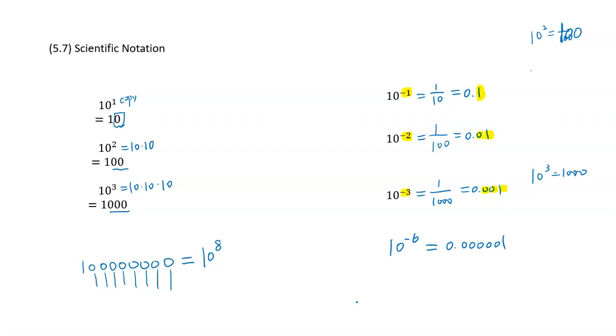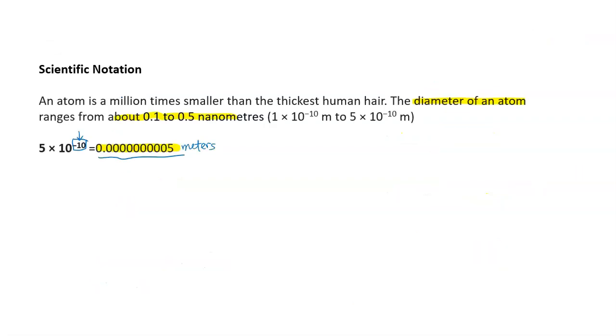Now, to go backwards, that's what we need to do. Let's go back to the diameter of an atom. If we're given something this small, well, the 5 we're going to deal with in a second. First, I'm just going to use 1. I need 10 decimal places: 1, 2, 3, 4, 5, 6, 7, 8, 9, 10. Let me change it to 1, and then we'll figure out what to do if it's 5.